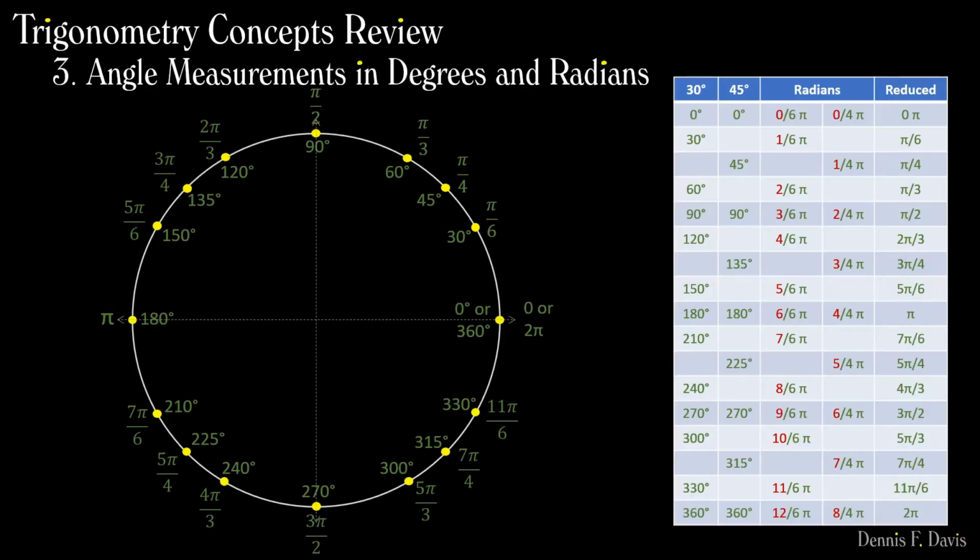Each additional multiple of 30 degrees is another pi over 6 radians.